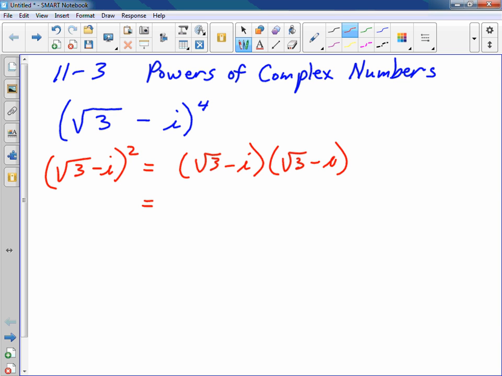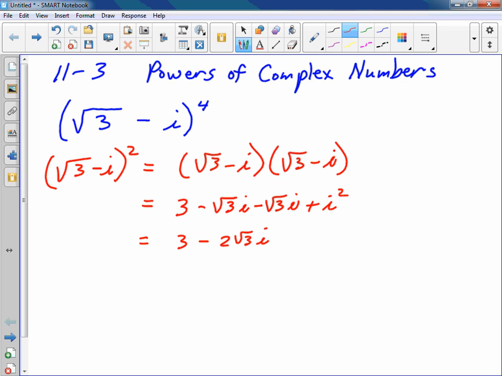Square root of 3 times square root of 3 is just 3 minus the square root of 3 i minus square root of 3 i plus i squared. And if we clean that up, we get 3 minus 2 square root of 3 i.